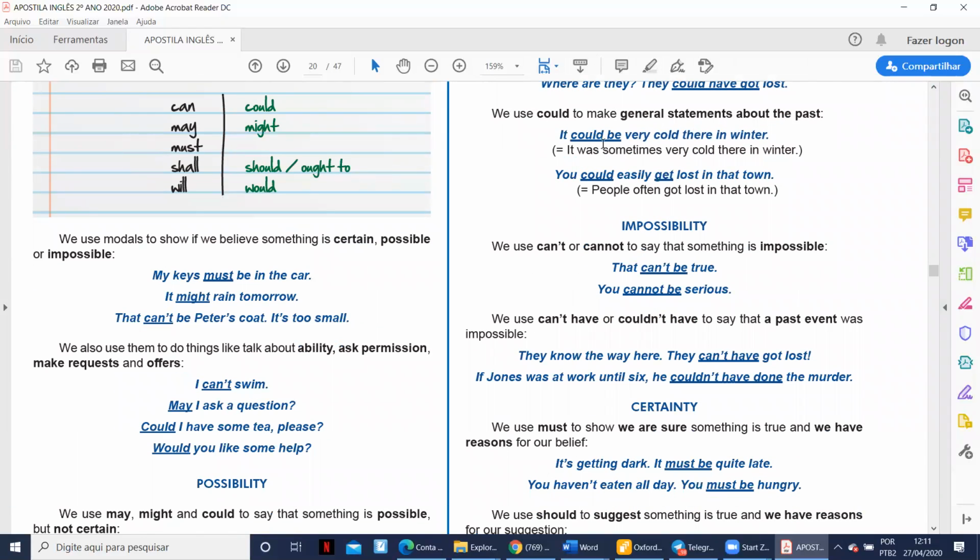So for example, when you say, it could be very cold there in winter, it means it was sometimes very cold there in winter. I know that. Yeah? So it could be. And you could easily get lost in that town. It's like in the past, people often got lost there. So it could happen to you as well.